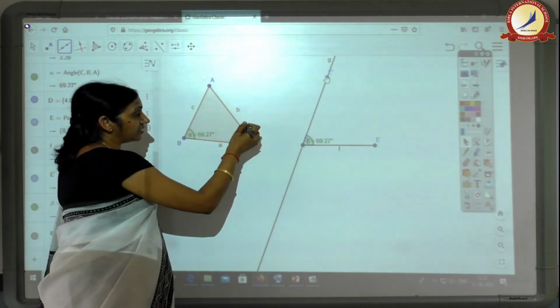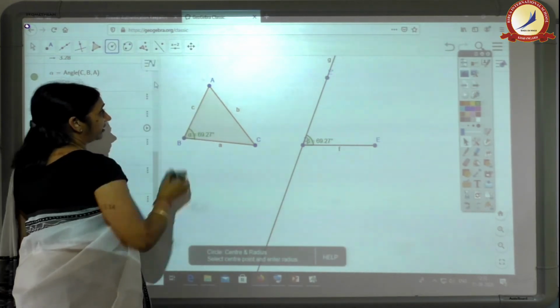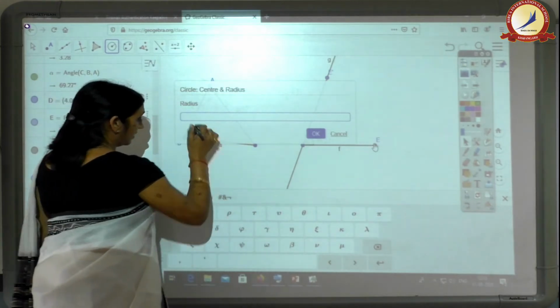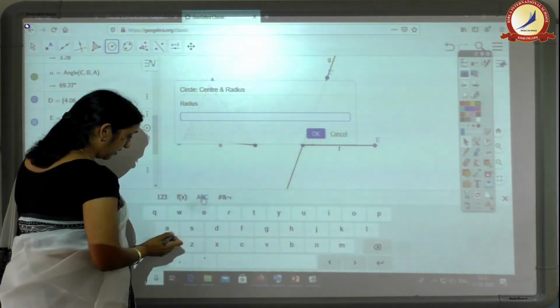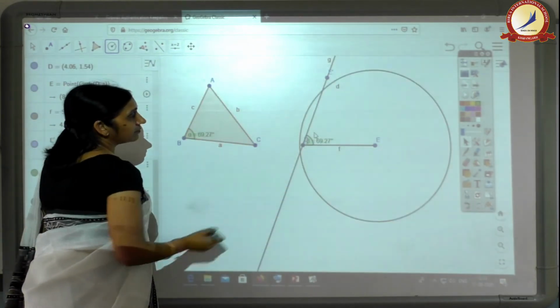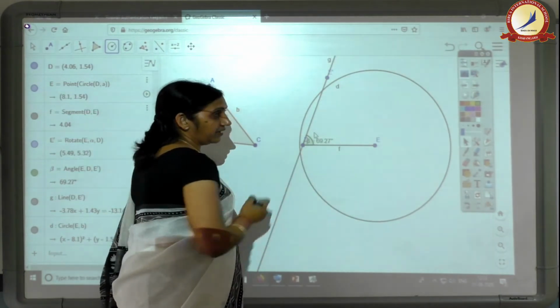To draw a line segment DB, I will select the circle tool with the given center and radius. Taking E as a center, I will select the radius B. You will see that the circle is intersecting this line.